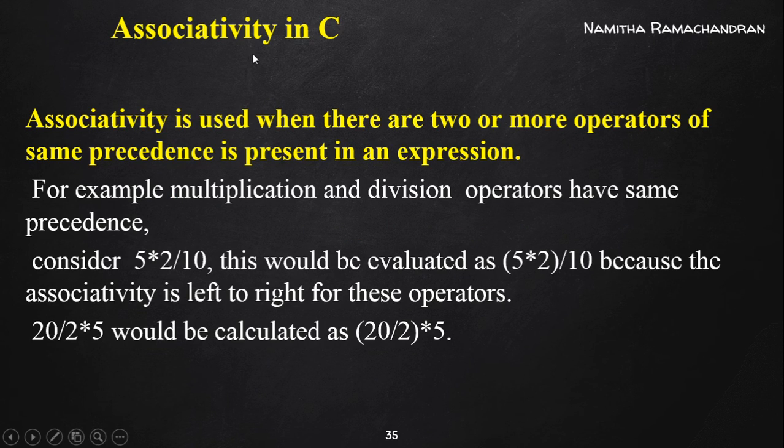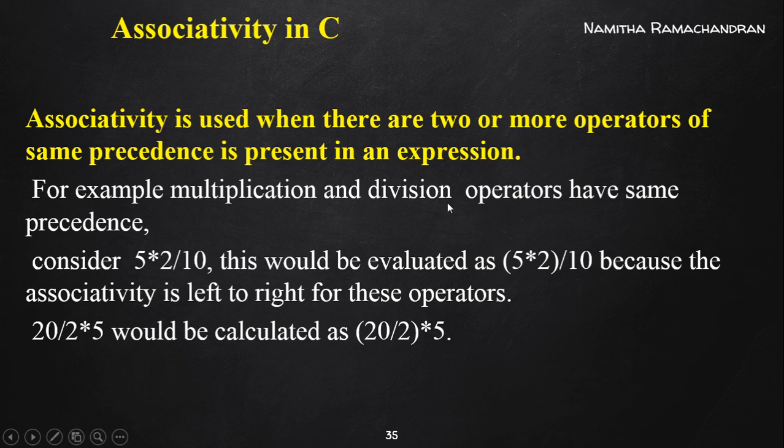Next is the associativity of operators. Associativity is used when two or more operators of the same precedence are available in an expression. If an expression has more than one operator and the operators have the same precedence, in that case we need to consider the associativity of the operators.